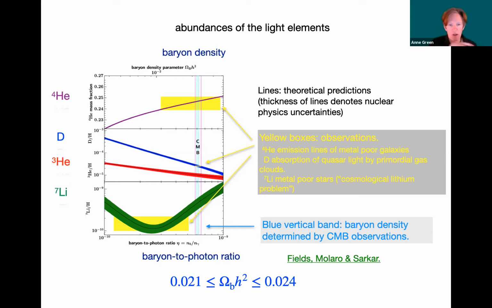The theoretical curves tell you how we expect the measurements of the mass fractions to depend on the amount of baryons. And so it's those theoretical curves that allow us to translate an observational measurement of the primordial abundance, which is just a single number, into a measurement of the amount of baryons.